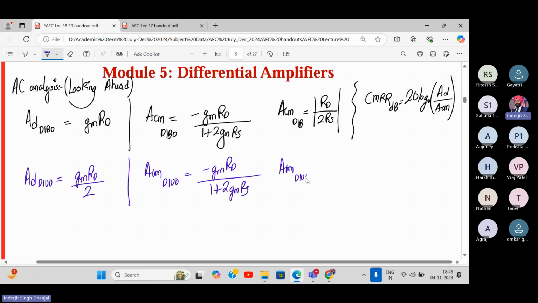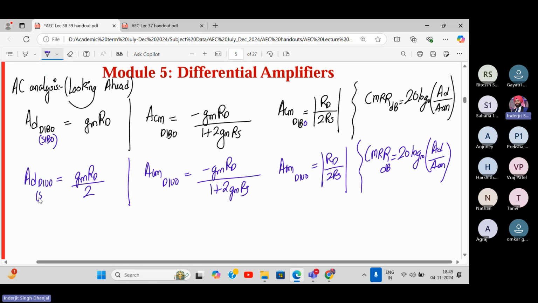ACM of DIUO is also given by RD upon twice RS. And again, CMRR is the generalized formula 20 log to the base 10 AD upon ACM. So what is the difference? This is by the way valid for SIBO also, and this is valid for SIUO also.